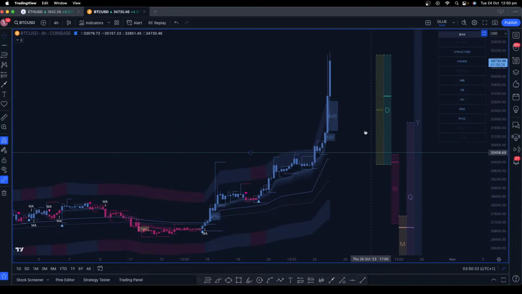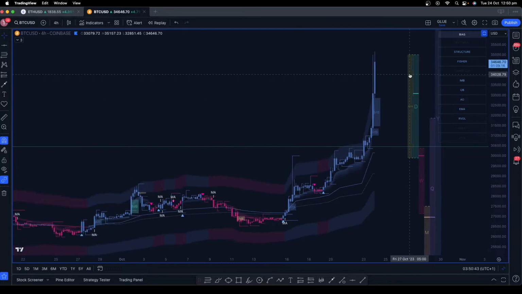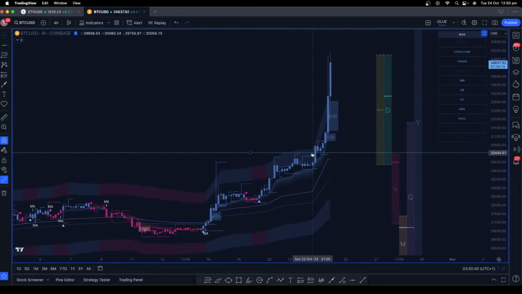There's nothing indicating here that we're going to move lower in this market. Structure is still bullish. It remained bullish all the way up, and it still remains bullish now. So that was my reason for looking for shorts in here. When I saw that, I held on to my longs, and I put that also in the Discord.